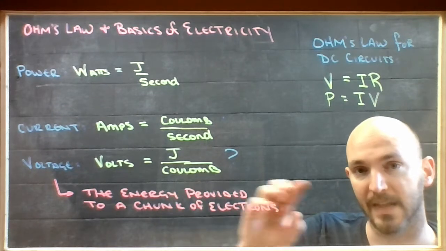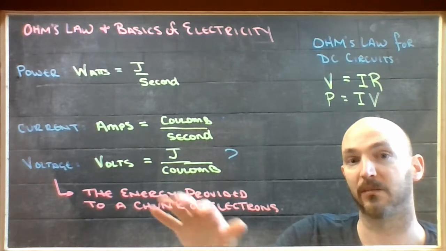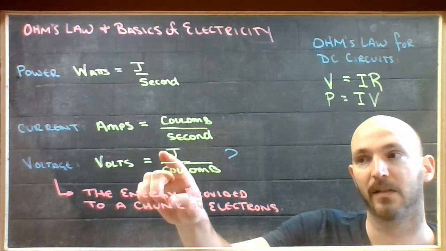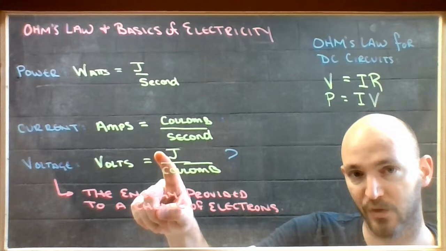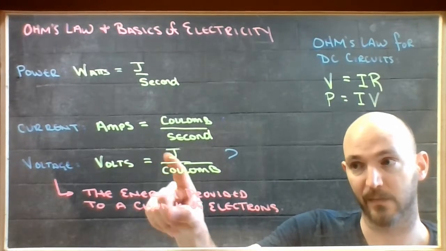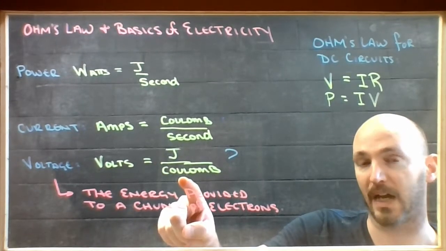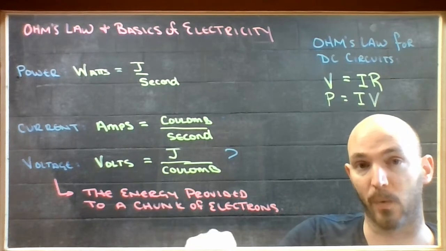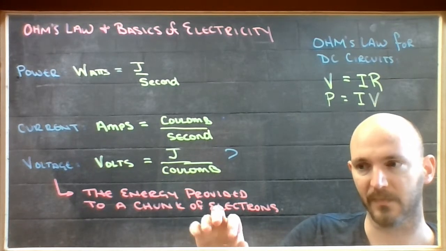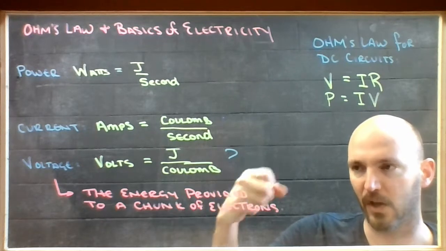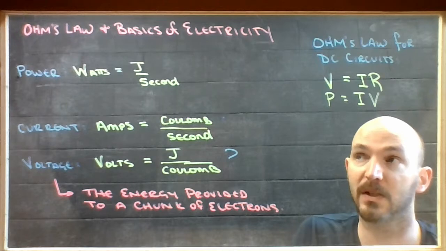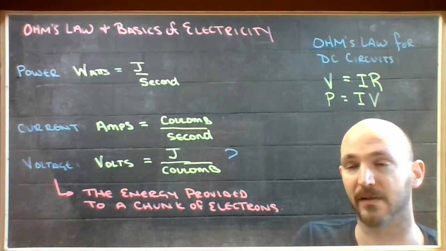That process, the acid dissolving one metal and placing the electron on the other, is providing 1.5 joules of energy for each coulomb that goes by, because that electrochemical cell is operating at 1.5 volts. So each coulomb that goes receives 1.5 joules worth of energy that those electrons can then deposit somewhere else.